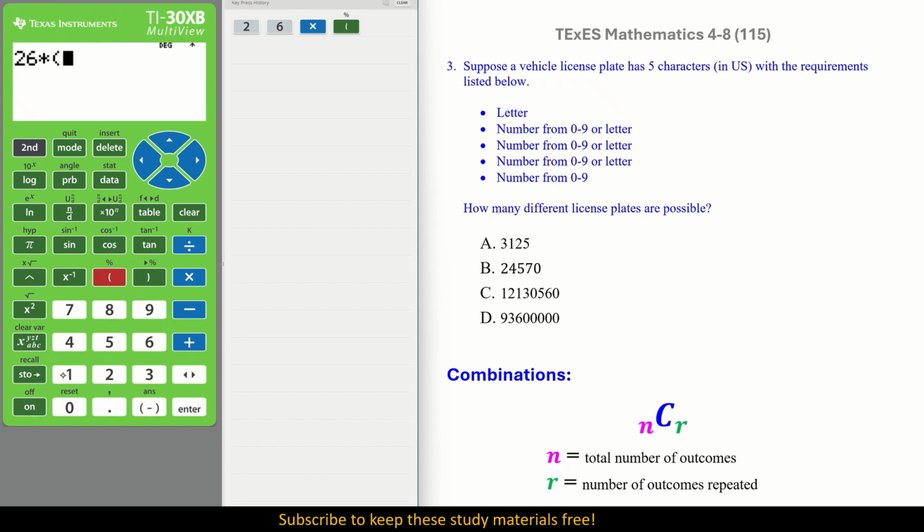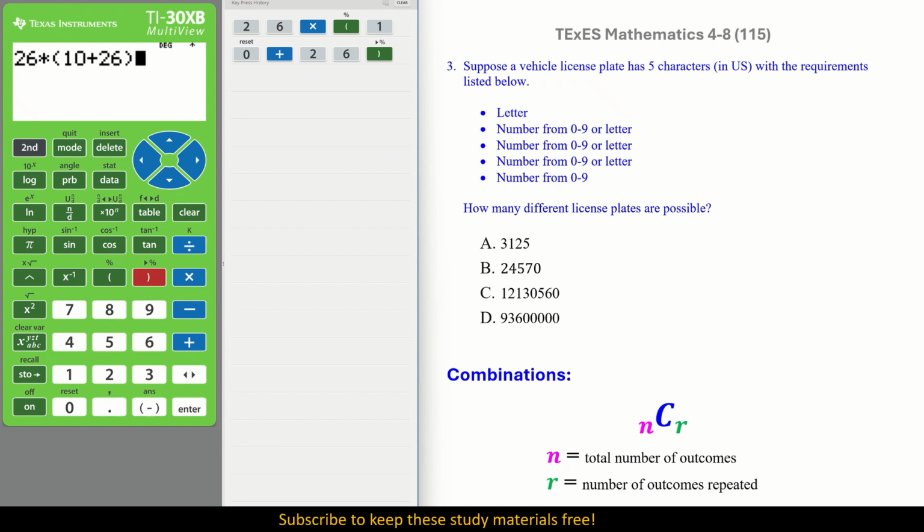That would mean there are 10 of them. Or letters, 26. So, or tells me that I'm going to add those 26. Now, think about it. You have numbers or letters. Well, that gives you 10 plus 26. That's 36. Now, there's 1, 2, 3 of them, 3 of these situations for 3 different characters.